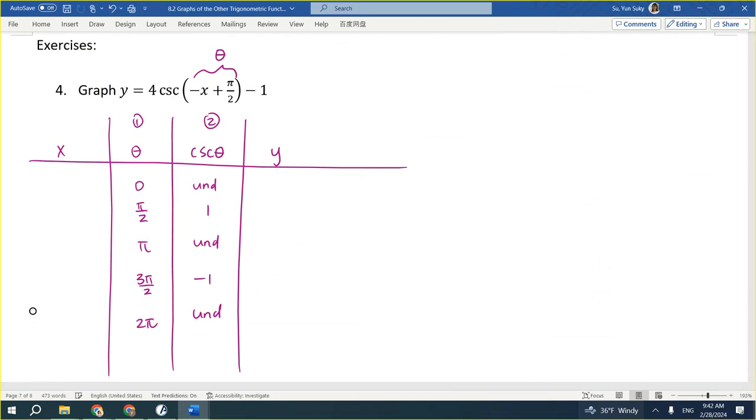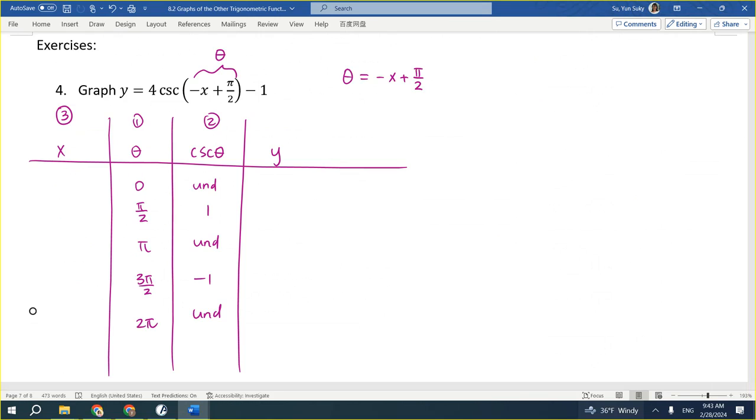So this is theta, right? Theta is -x plus pi/2. How do you solve for x? Negative x plus pi/2 equals theta. And then solve for x.